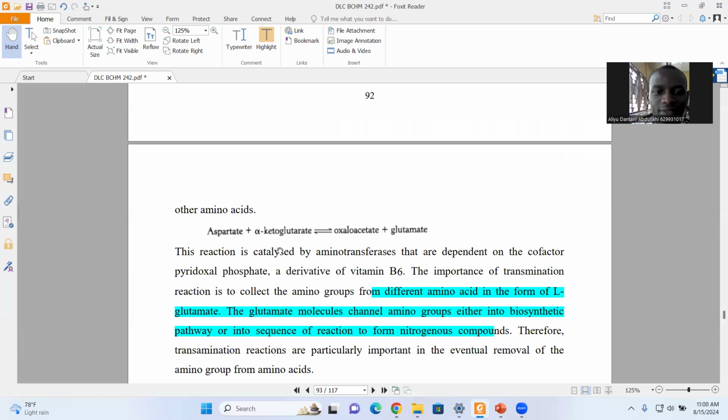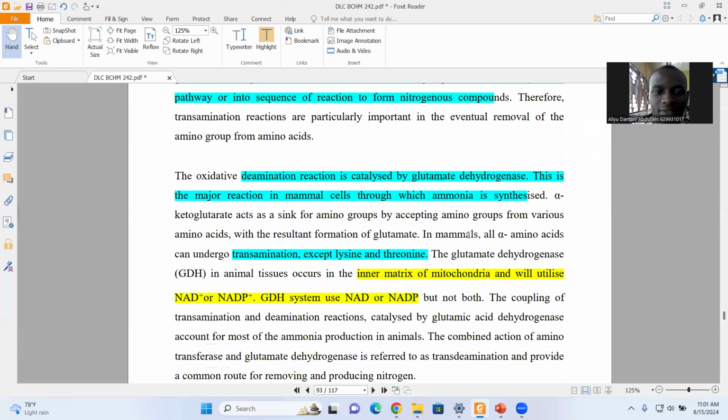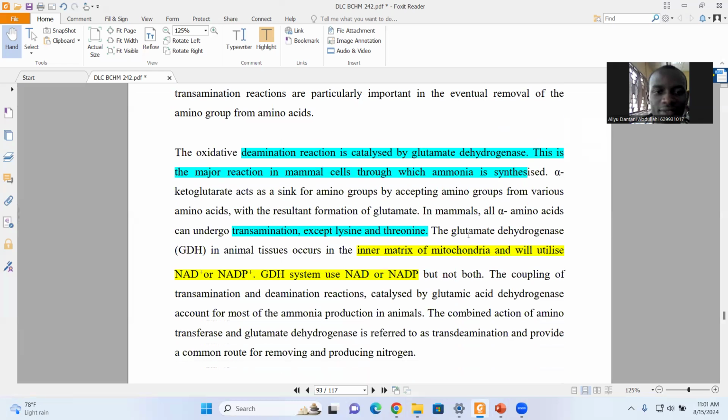So this serves as a sink to accept any kind of amino acid. What it needs from the amino acid is the amino group, basically. So this aspartate here can be any amino acid. Alpha ketoglutarate will collect the amino group and be converted to glutamate. So this statement is quite self-explanatory.